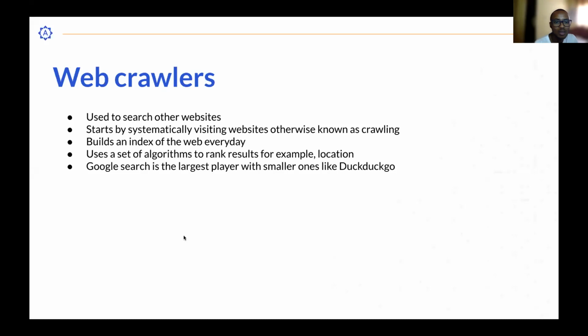Google servers will crawl the websites to see what new content has been added. It will give them a ranking and it will build an index. And of course, it's possible because they have a large array of computers, but that's not the whole point. The whole point is that they do this from time to time to ensure that the index stays up to date.